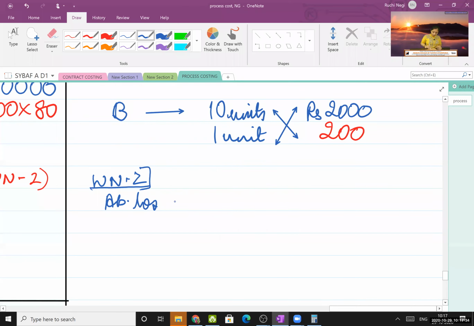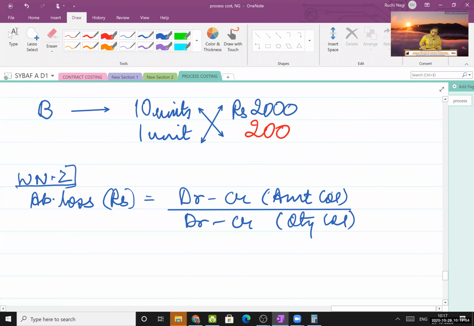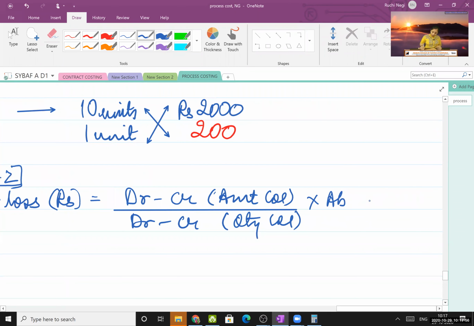Abnormal loss in rupees, amount is equal to debit minus credit of the amount column divided by debit minus credit of the quantity column multiplied with abnormal loss in quantity.